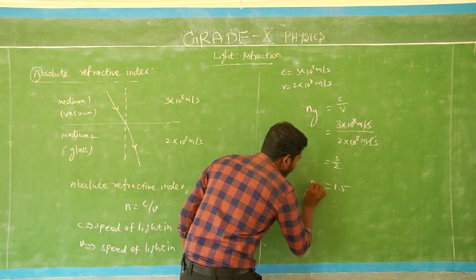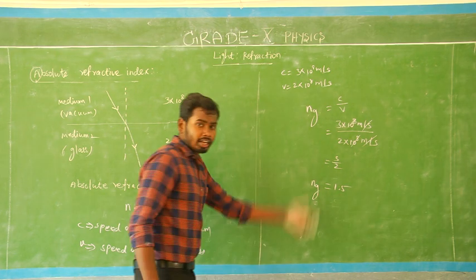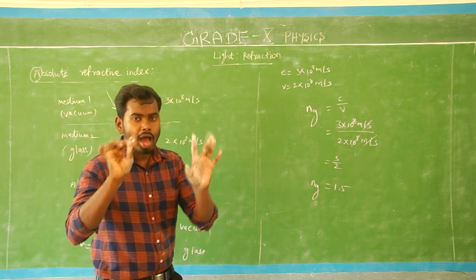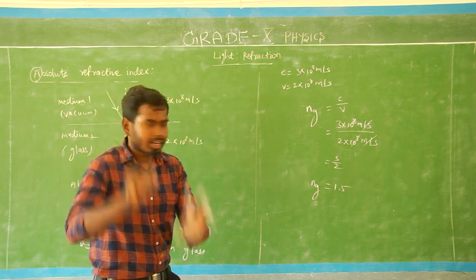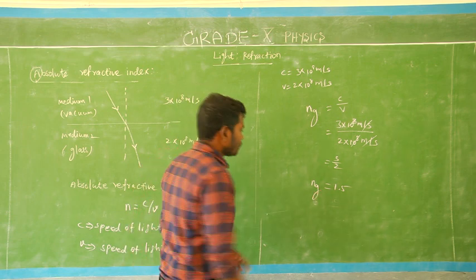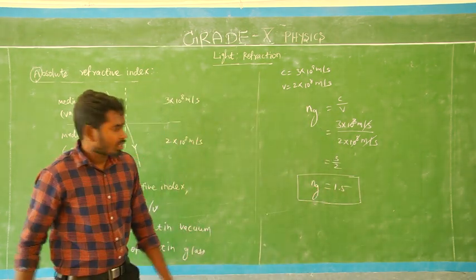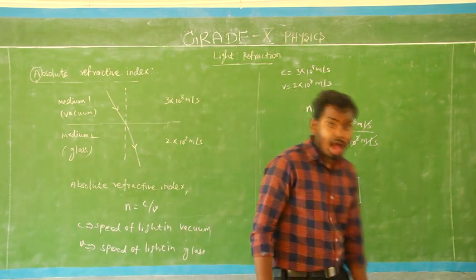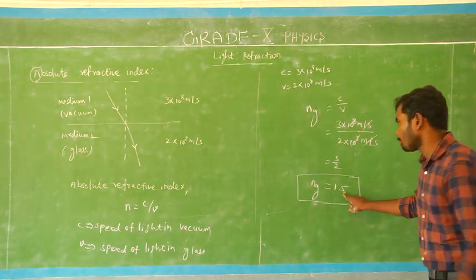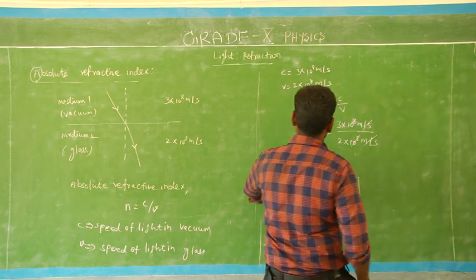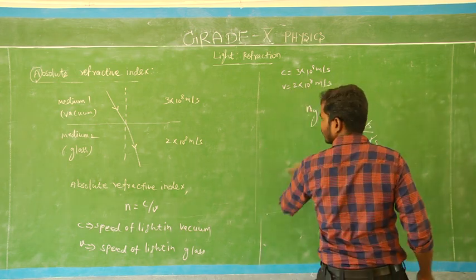So the refractive index of glass with respect to air, the air medium letter should not be there. Listen here, so the refractive index of glass with respect to air is equal to 1 point... sorry, this is wrong.